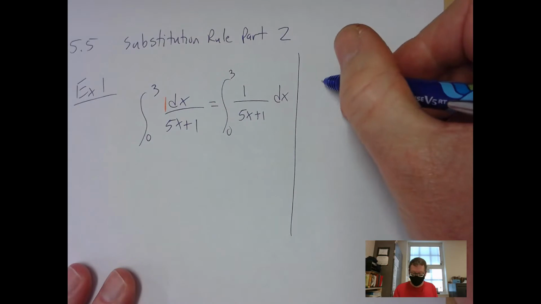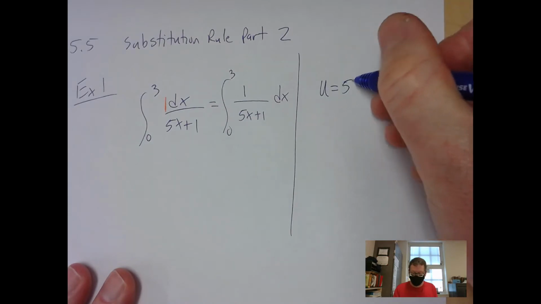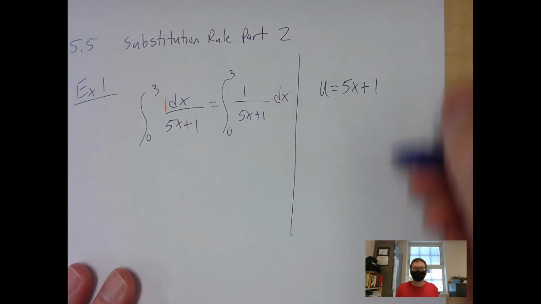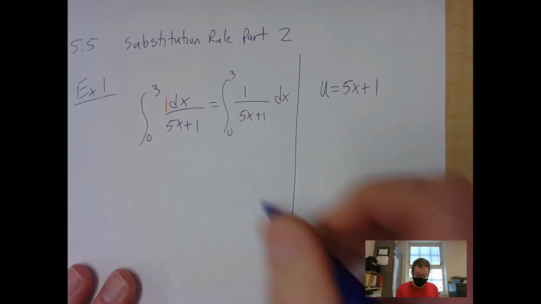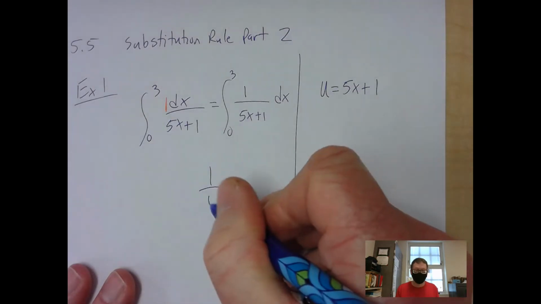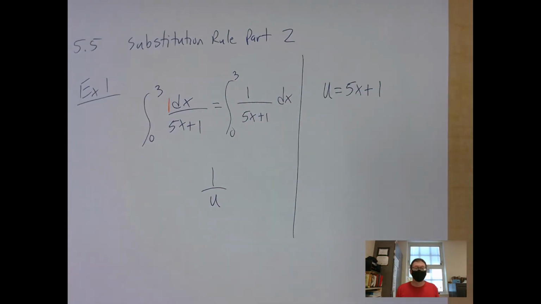So u is equal to 5x plus 1. When we do that, it makes it 1 over u. And what's the antiderivative of 1 over u? Natural log, so it's going to be natural log, right?